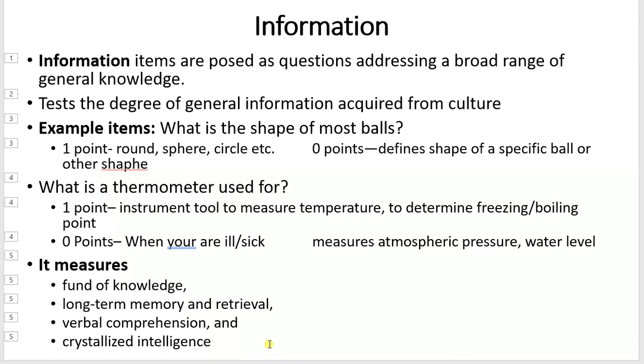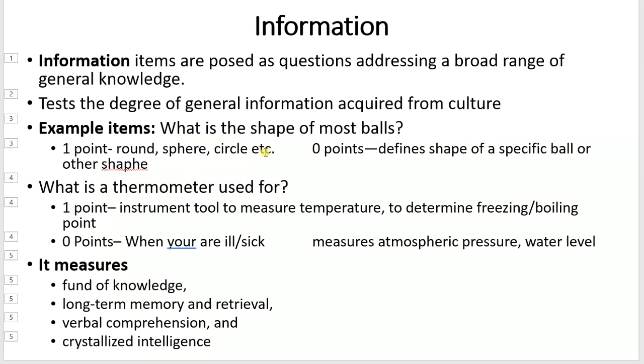It tests the degree of general information that we as individuals acquire from being part of our society and culture. This is one example item. What is the shape of most balls? If one says round, sphere, circle, etc., then 1 point is given.